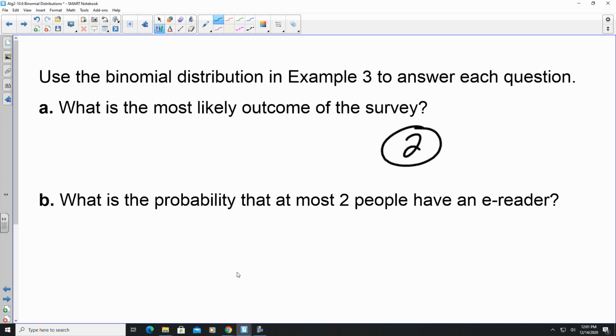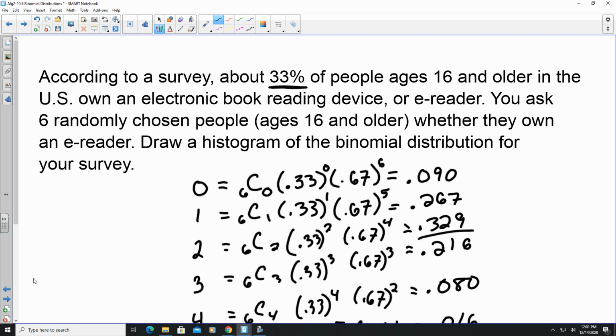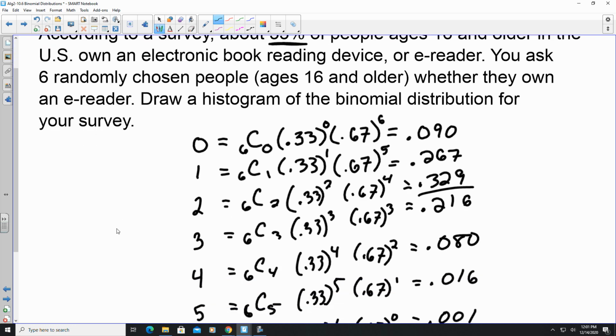So what you're going to do is look at the probability that the number of successes k is less than or equal to 2, because it's at most 2, so it's 2, 1, or 0. How you determine that is you look at the probability values of 2, 1, and 0, and you just add those together to get the probability of them being at most 2.